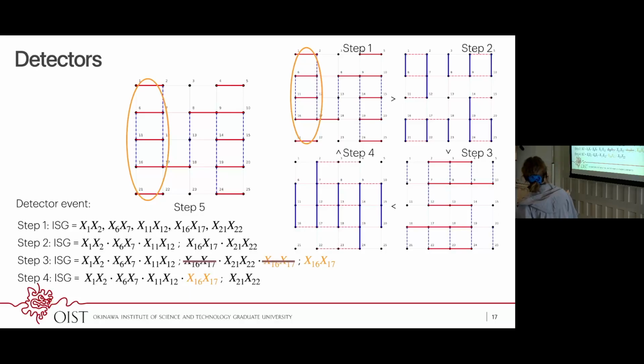So this is how we form the detector inside the code. Here, we only consider the measurements in the first column, and we only care about the X stabilizers. In the first time step, we perform the XX pair measurements in the first column, so we have single XX pair measurements in our stabilizer group in step 1.